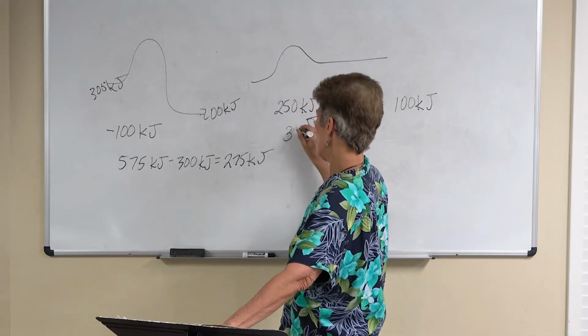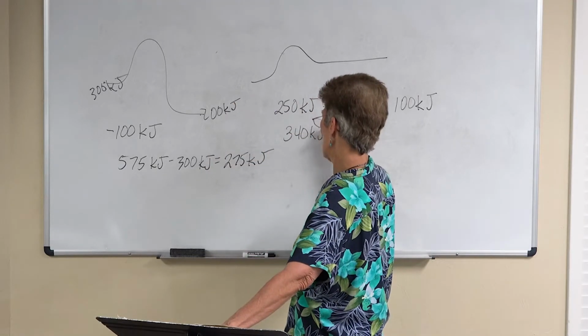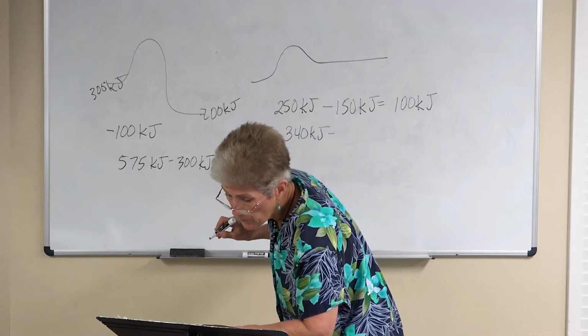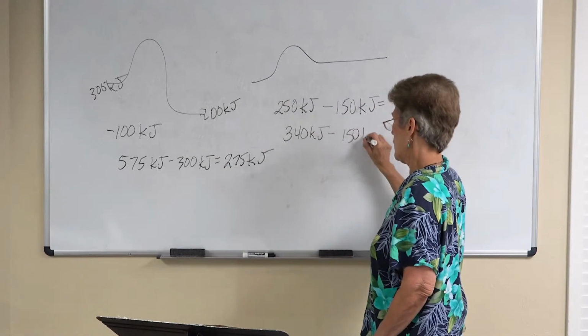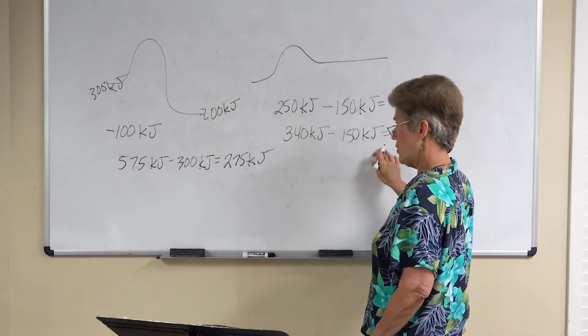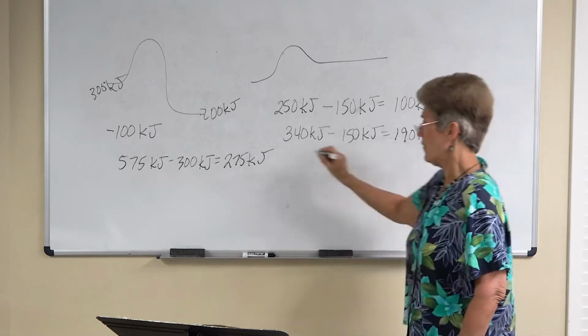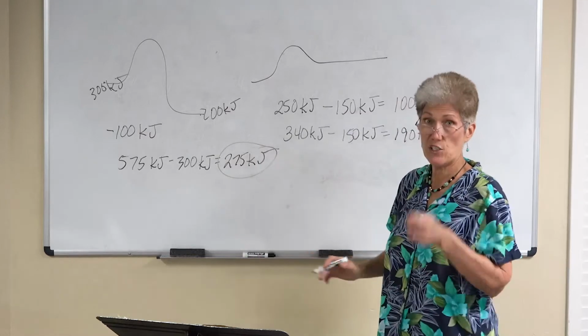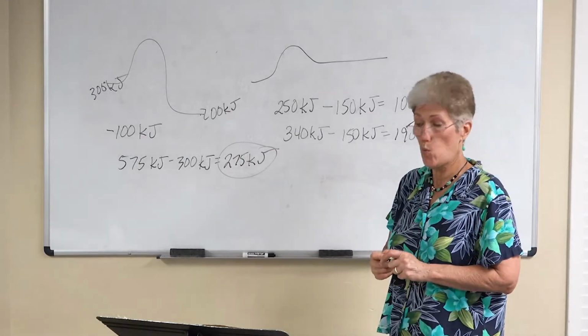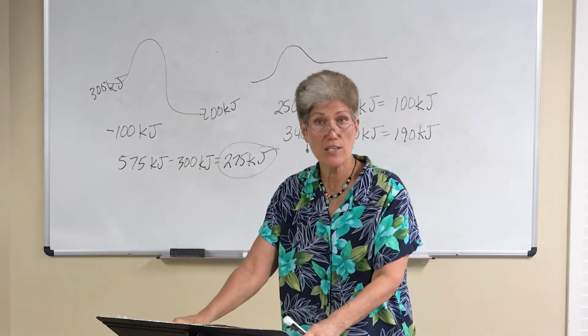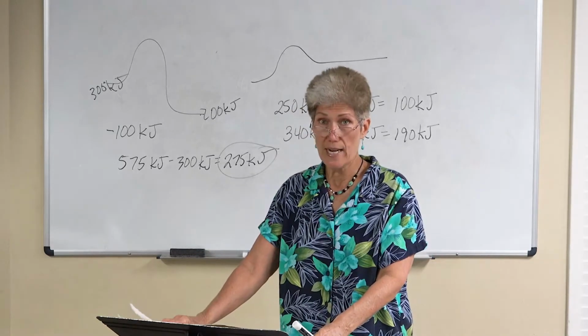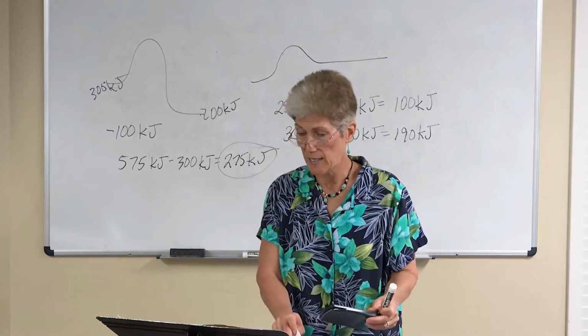It's really just below that, so we'll go 340 kilojoules minus 150 kilojoules, which is basically 190 kilojoules. So obviously this one has the highest activation energy, so reaction 1 has the highest activation energy there. And you could estimate. Don't freak out about estimating, okay?